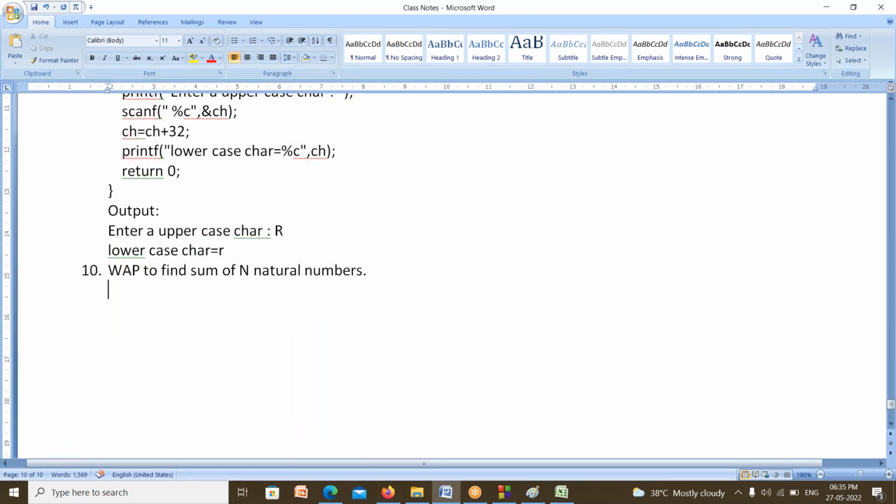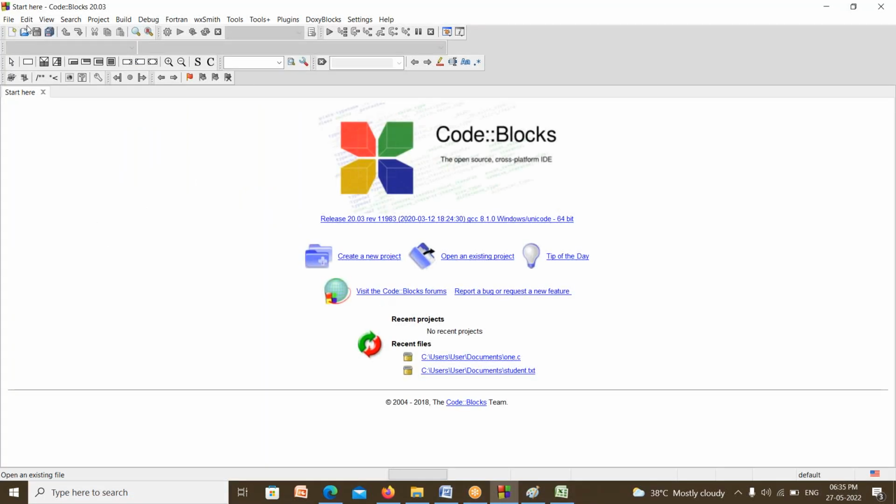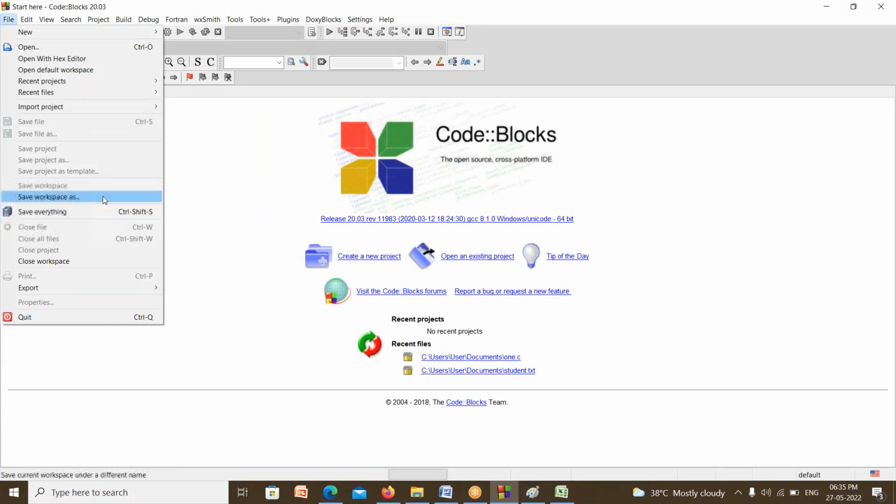If n equals 10, we have to find the sum of 1 to 10. Suppose n equals 5, we have to find the sum of 1 to 5 natural numbers.